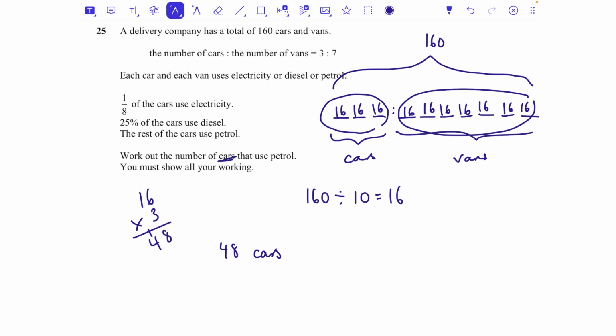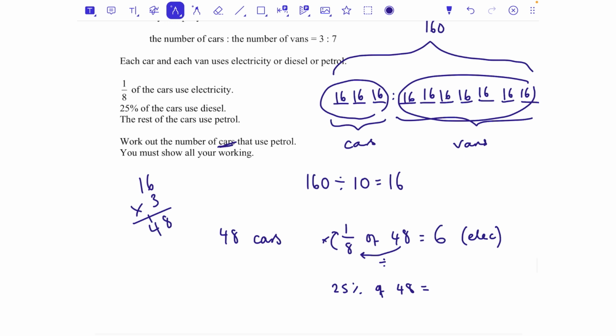48 cars. Now an eighth of the cars use electricity. So an eighth of 48, to find a fraction of a number, we divide by the bottom and then multiply that by the top. So 48 divided by 8 is 6, times that by 1 is just 6. So an eighth of 48 is 6. So 6 use electricity. 25% of the cars use diesel. So 25% of 48. Now remember, 25% is a quarter.